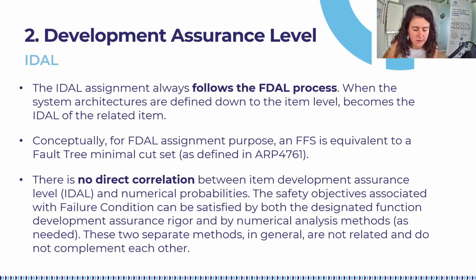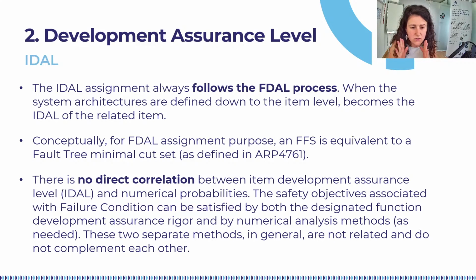You will see later. Then another point that makes a lot of discussions in the companies, I think, is that the IDAL has no direct correlation with the numerical probabilities. So if you have an item that needs to be an IDAL A, the failure rate does not need to be 1 minus 9.